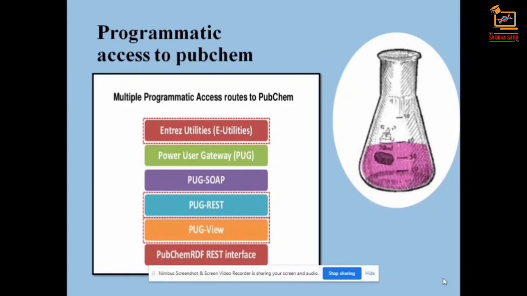It is intended to handle short synchronous requests, where the result is given in a single call that may last at most 30 seconds. And PUG View provides a web service with a full report, including third-party textual annotation, for an individual PubChem record. Its purpose is primarily to drive the PubChem summary web pages but it can also be used independently as a programmatic web service. The PubChem RDF REST interface provides an interface designed to access RDF encoded PubChem data.